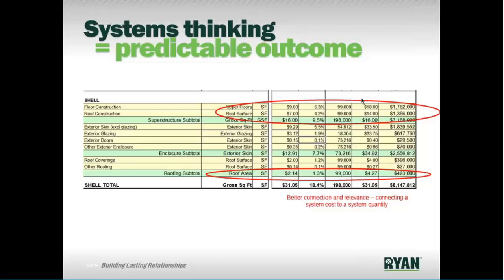So for instance, in steel construction, you'll see that steel is broken out between floor and roof construction. You might have subcontractors wonder why that is, but as you can inherently understand, there's a difference in those two systems, and so we're trying to capture that cost breakout differently. Same thing on the skin.